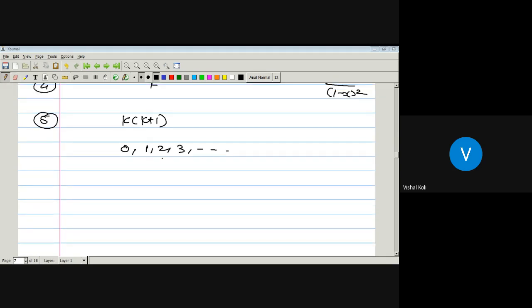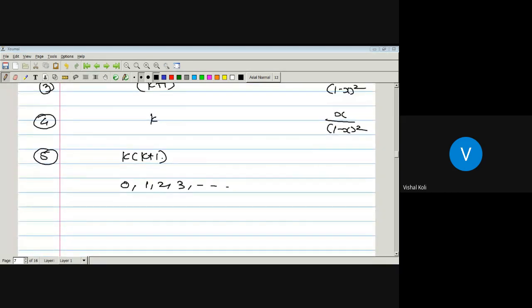Its generating function is 2x divided by (1 minus x) whole cube. Whenever there is a sequence 1 plus 2x plus 3x square plus 4x cube, its corresponding generating function is 1 upon (1 minus x) whole square. Similarly, if k into k plus 1 is the general term, then its generating function is 2x divided by (1 minus x) whole cube.